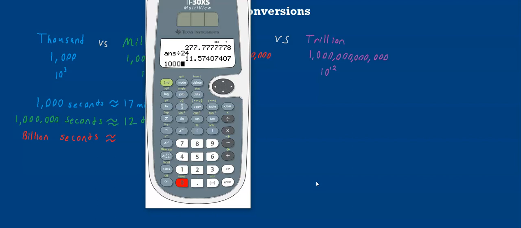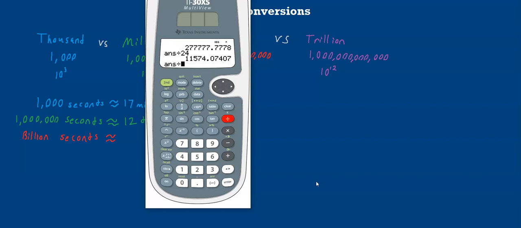And we divide that by 60 seconds in a minute. And we divide that by 60 minutes in an hour. And we divide that by 24 hours in a day. And we would get about 11,574 days to count to a billion seconds.